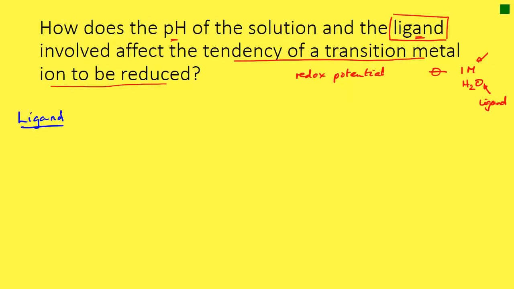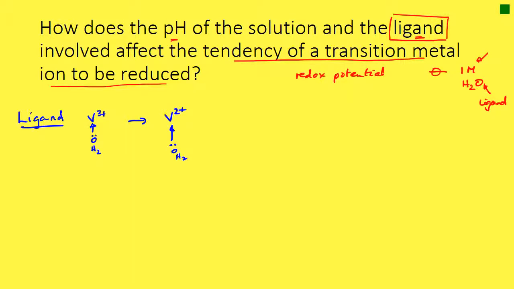So the ligand. Let's take a V3+ example. So V3+ is going to be coordinately bonded to water molecules when we're measuring standard electrode potentials. So we would have a water molecule making a coordinate bond with a V3+ ion, and in order for that V3+ ion to turn into a V2+ ion, it's going to make again a coordinate bond with some water molecules.